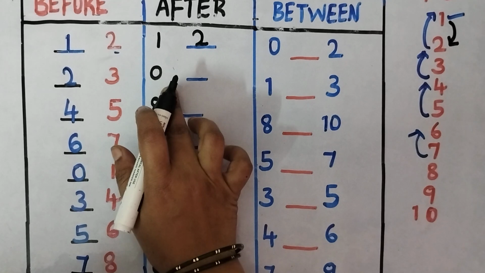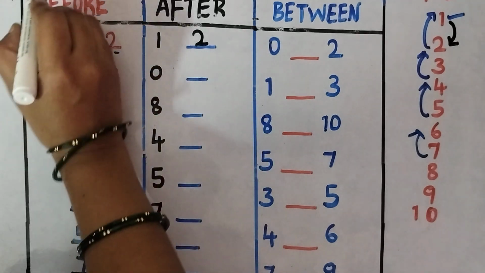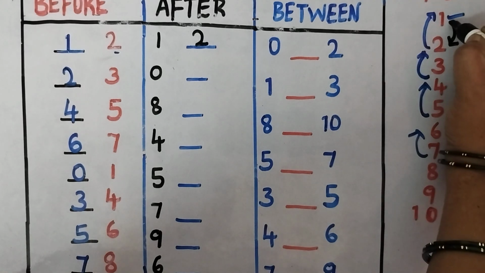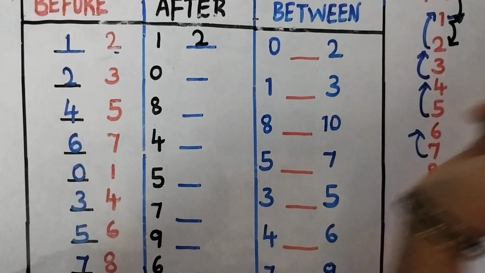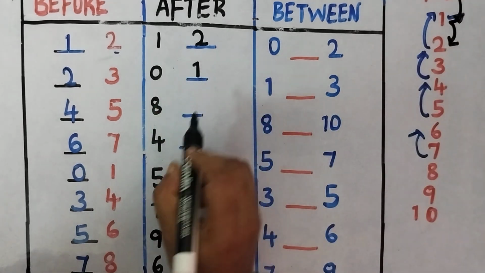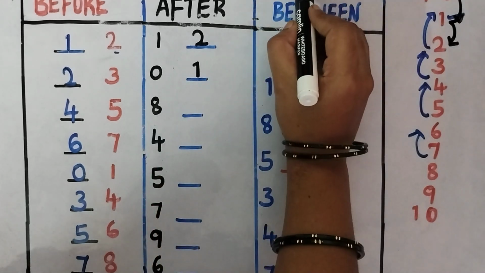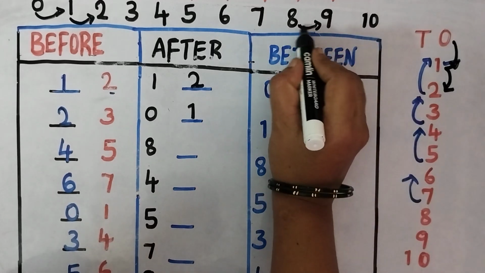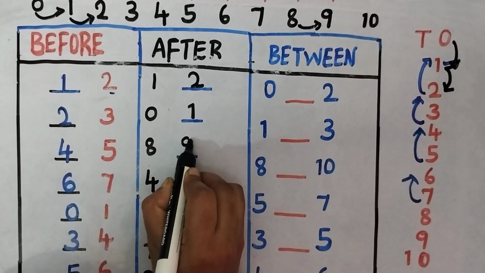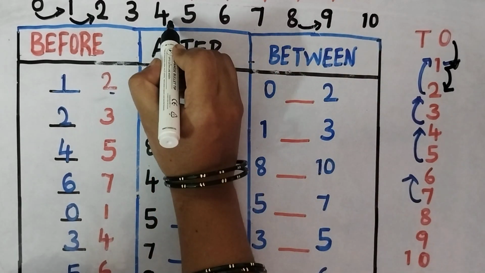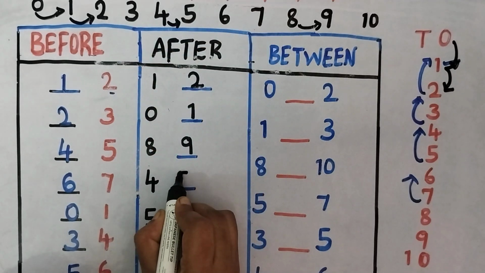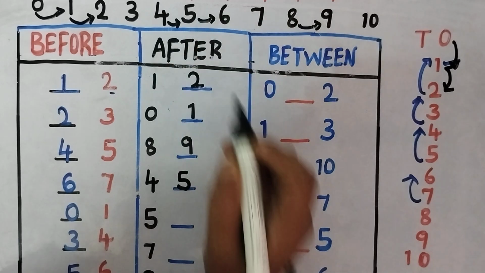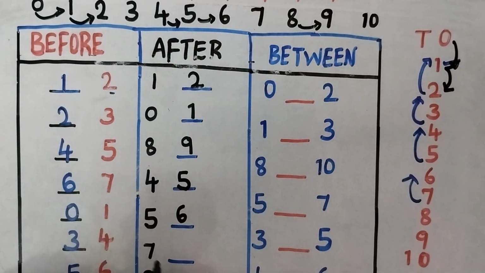Next 0. What after 0? That is 1, coming down. After 8, the 9. After 4, 5. After 5, 6, very good.